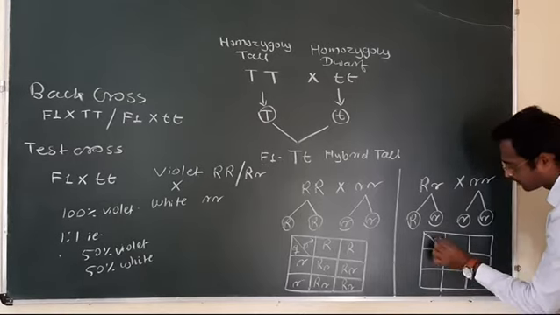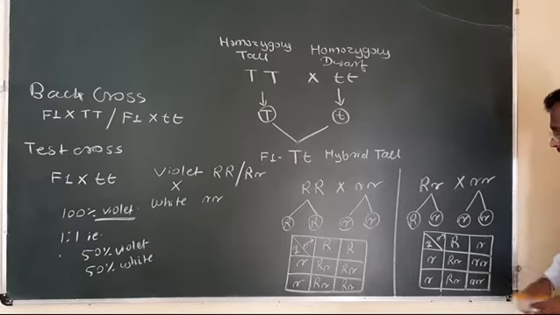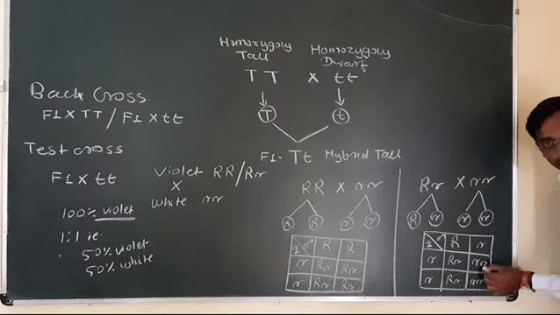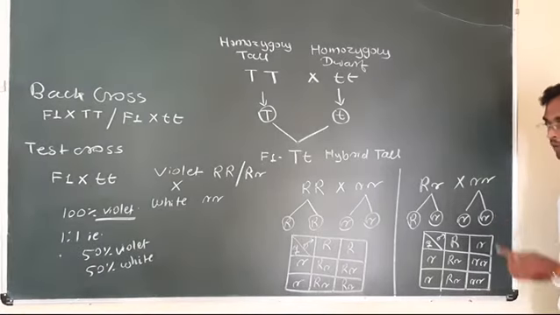Here in this cross, if the unknown plant is homozygous, then all the progeny formed are 100% violet. If the genotype of the unknown plant is heterozygous, capital R small r, then the progeny formed are 50% violet and 50% white colored flowers.